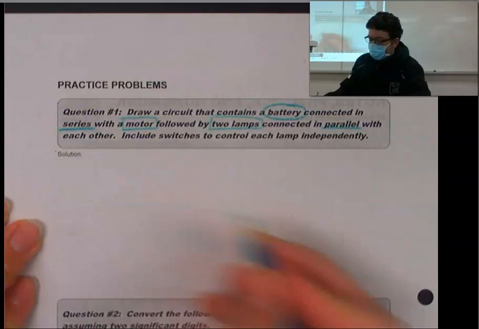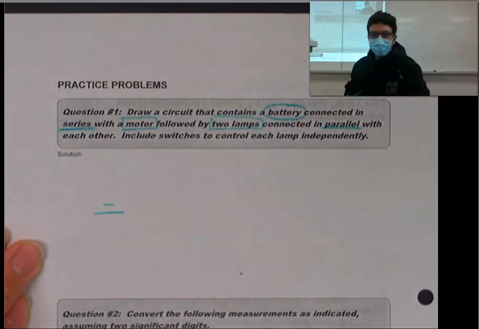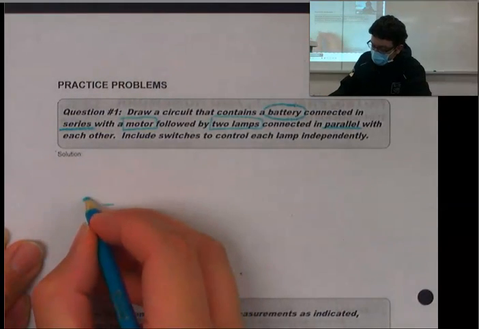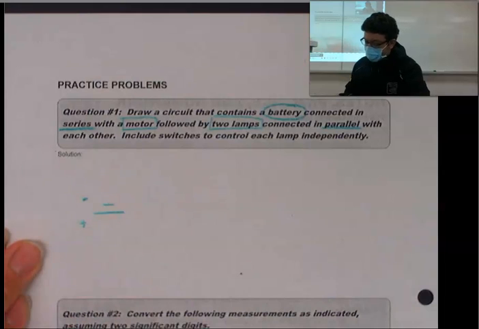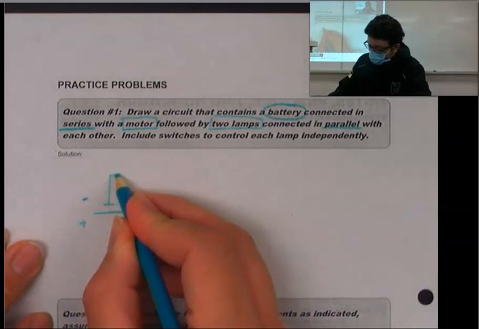Okay, so let's start with a battery. Battery looks like this. Where the short side is your negative side and your long side is your positive side. Okay, now we have a motor.